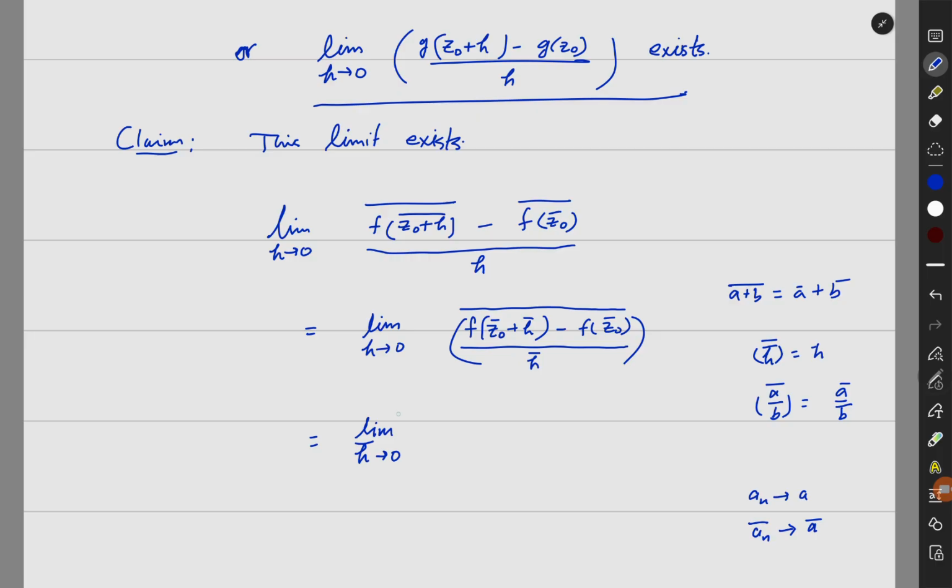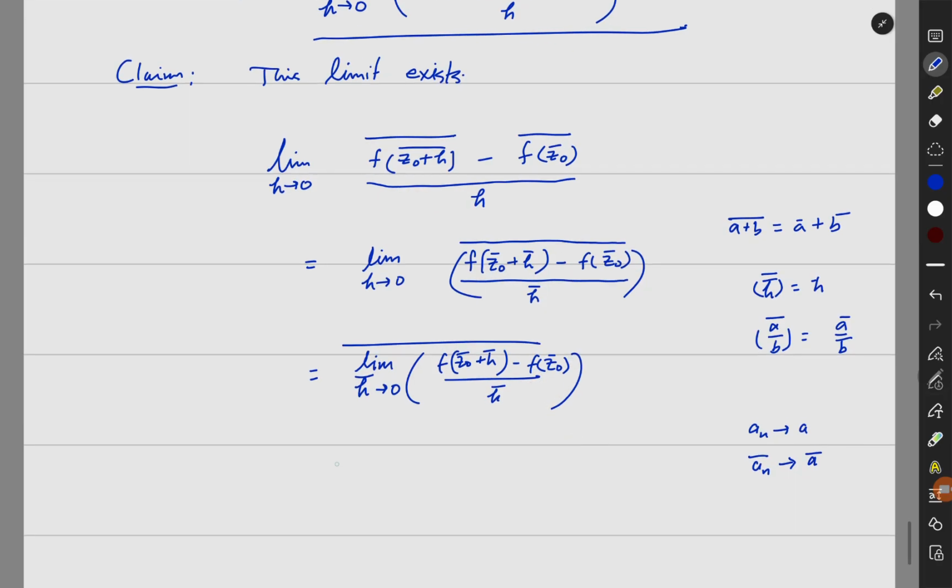So using that formula, the bar comes outside, and the limit of the inside part is f of z naught bar plus h bar minus f of z naught bar divided by h bar. But what is the inside part? Do you see from here? This is nothing but f prime at z naught bar, to the whole bar.